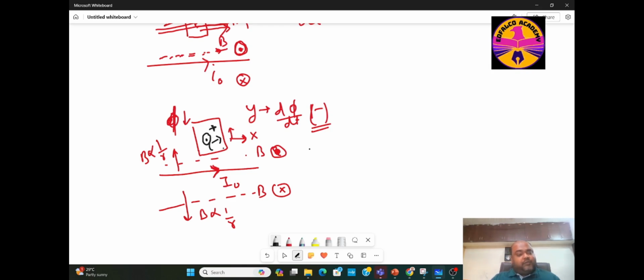So now you see that in order to get that flux coming out of the paper to be positive, what is the direction of the current that should flow in this particular loop? Again you can use the same right hand thumb rule, right? What you now need to do is point your thumb in the direction of the flux.